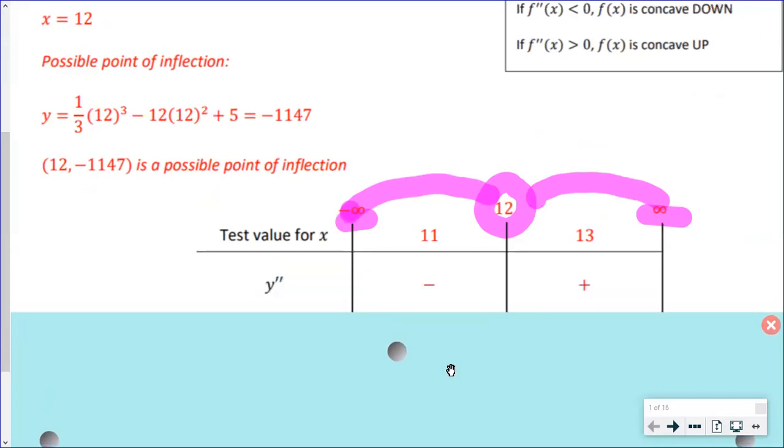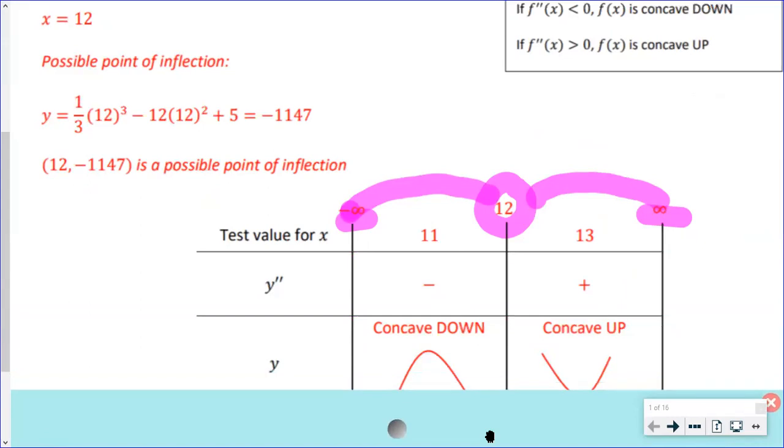So when we plug these values into the second derivative, I plug in 11 into the second derivative, I will get a negative value. And when I plug in positive 13 into the second derivative, I will get a positive value.